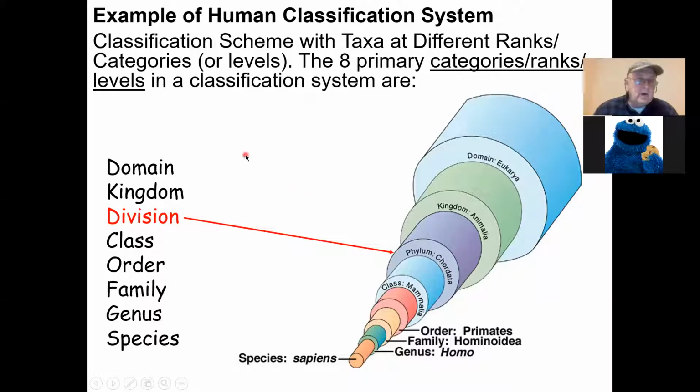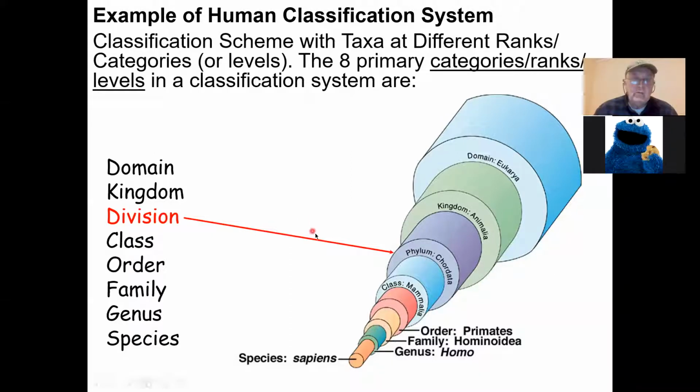These are primary categories or ranks, and there are 8 of them. The word division is in red because it refers to what the botanists use. Zoologists use the term phylum instead. Other than that, the primary 8 categories or ranks are the same.